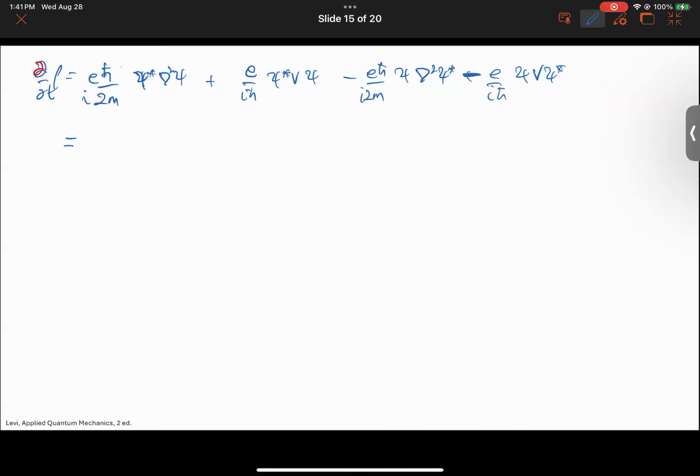Okay, so what do we end up with? Now, these two are equal to each other because V is real. Since V is real, then these two are equal.